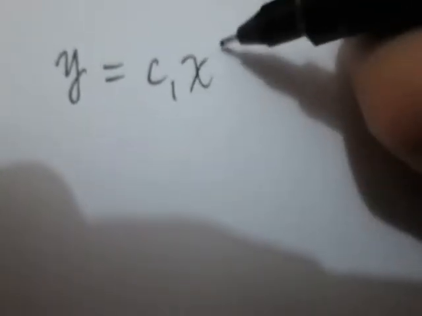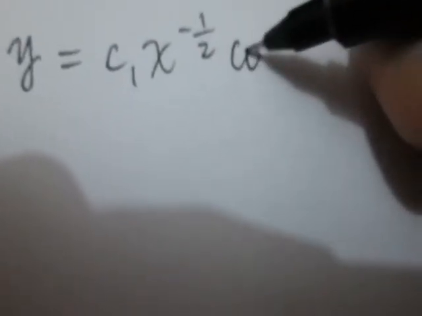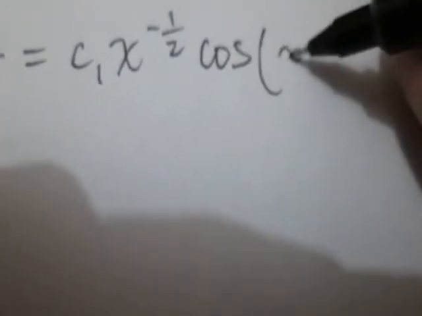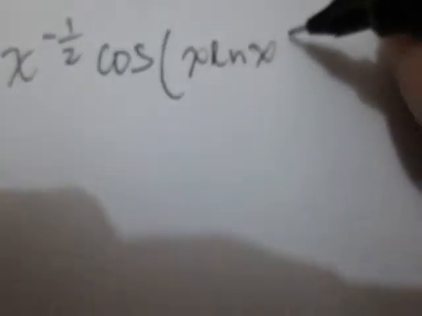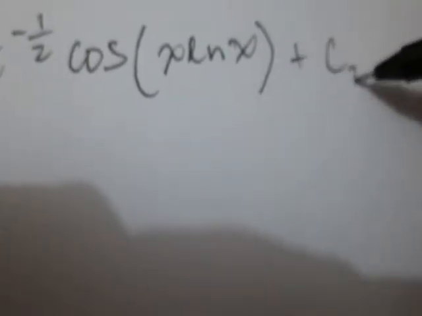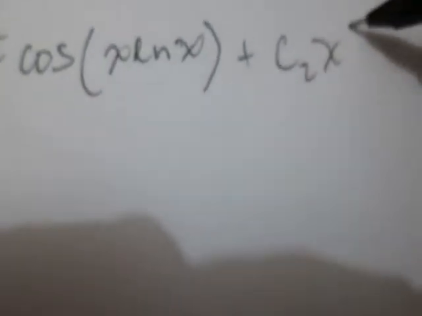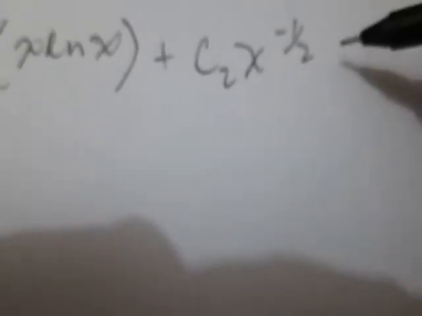So writing our complementary solution, this is a homogeneous higher order differential equation. So for our y complementary, we get this equation: y equals c1 x to the -1/2 cosine of lambda ln x, plus c2 x to the -1/2 times sine of lambda ln x.